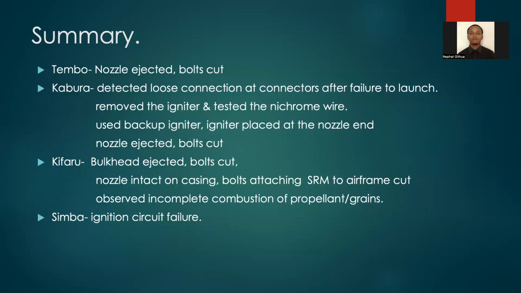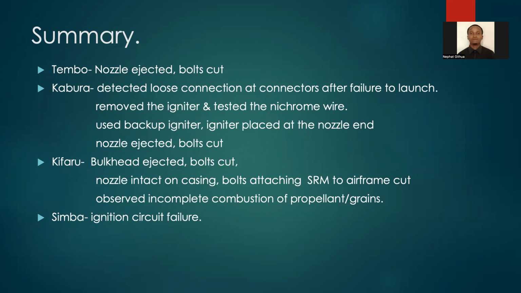We had to remove the igniter and test the neutron wire, which is okay. We used the backup igniter, but the igniter was placed at the nozzle's end, which wasn't okay. The result: the nozzle was ejected, the bolts were cut.